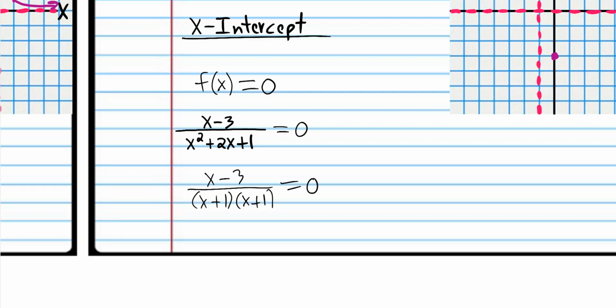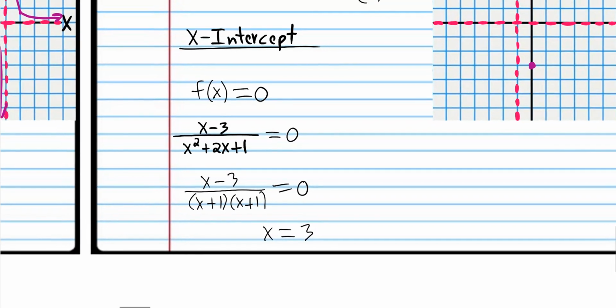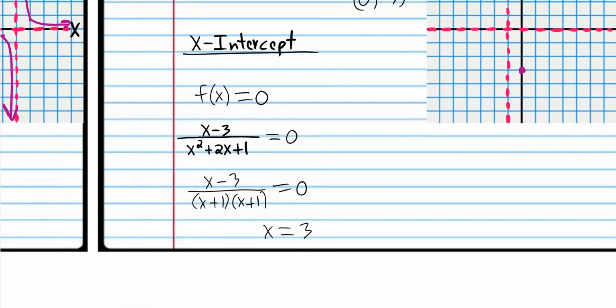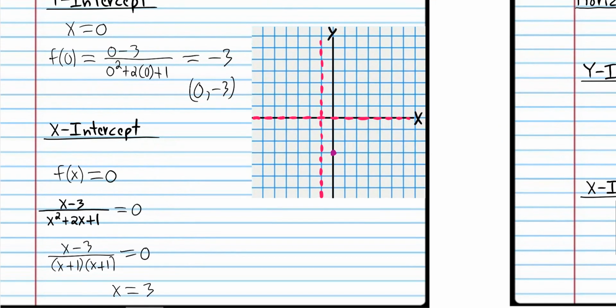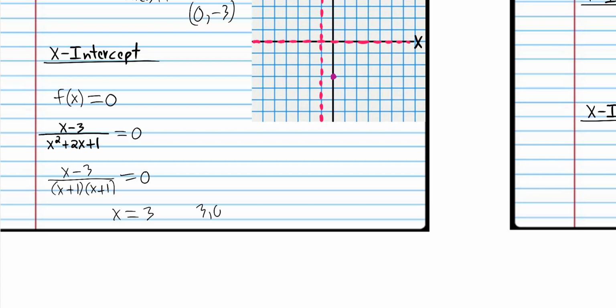So you can see that we don't have any common factors. The only thing that would make this fraction 0 is 3. -1 would not make it 0, it would make it undefined. So if we solve this equation, we get x is equal to +3. So we have an x-intercept at (3, 0). So it's right on the horizontal asymptote again.